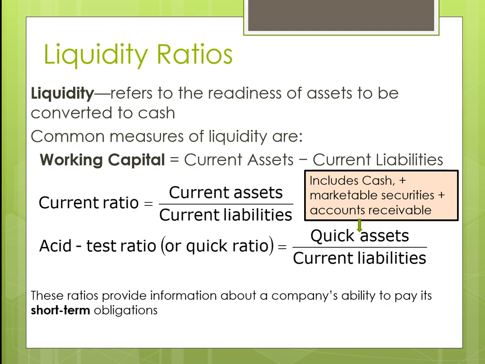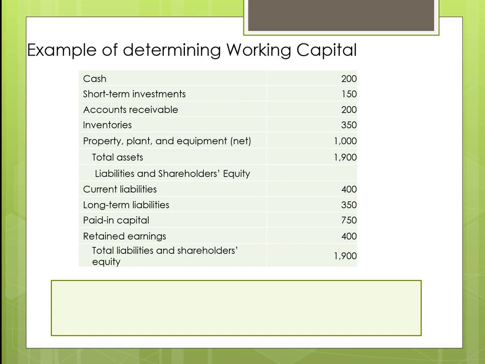So now let's look at an example. And in this example, the first thing you always want to do when you're determining working capital is categorize which of these accounts are short-term assets, and that would include our cash, our investments, accounts receivable, and inventory. So that would give us our total current assets of 900.